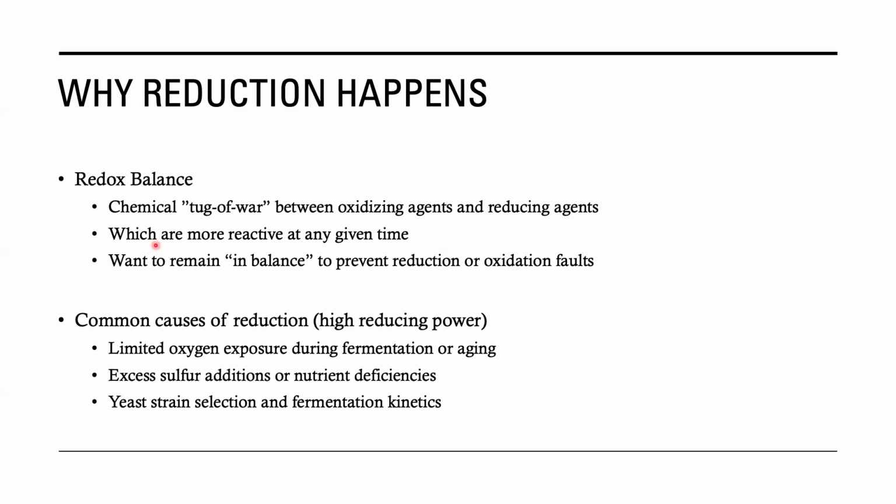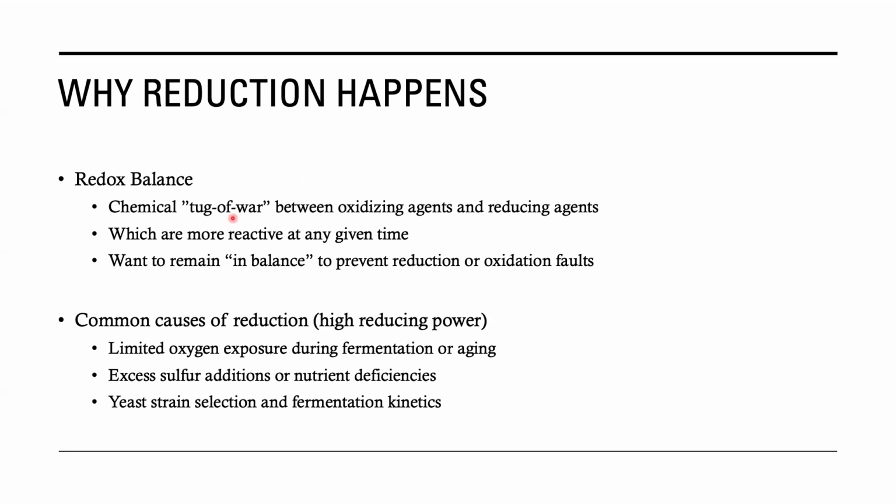Redox balance is really a chemical tug of war between the oxidizing agents and reducing agents within the wine. That essentially just means which ones are more reactive at any one point in time. We kind of want to remain in balance in terms of that redox potential.